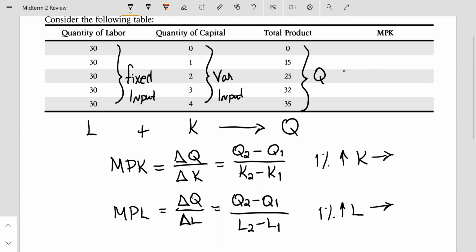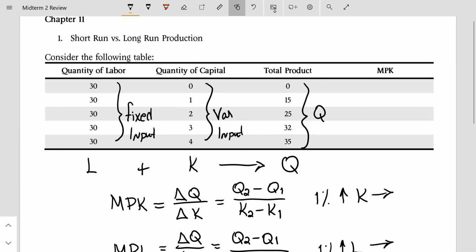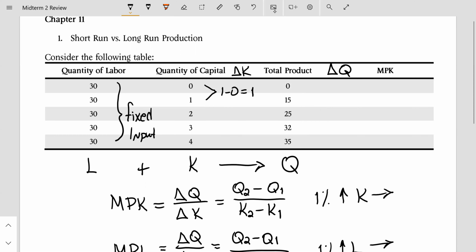So let's take a moment and apply some numbers. So we can come up with our change in capital, our change in quantity. So the change in capital is just taking your new minus old. You notice that really we're just having a 1 unit increase.